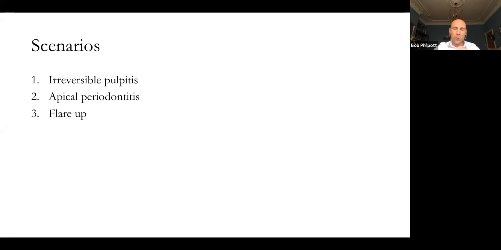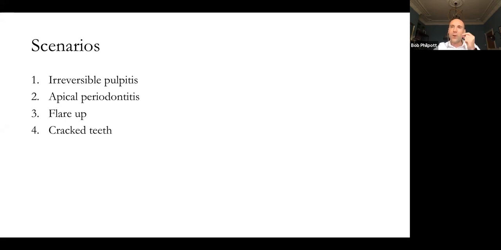For a flare-up, you identify what it is, you listen to the patient. You don't interrupt them after 12 seconds, like we looked at in that first webinar. You say, what is it? Listen to their description of symptoms. You diagnose it correctly, and then you go in, you re-instrument the tooth. But you don't create flare-ups and problems for yourself.